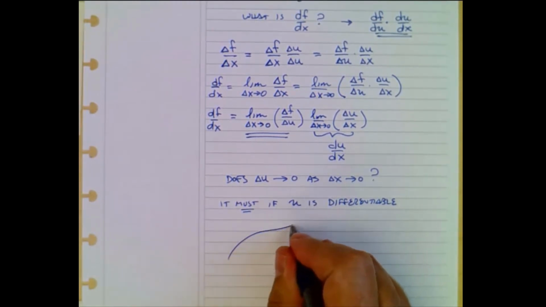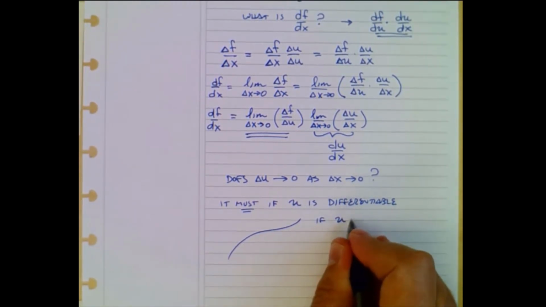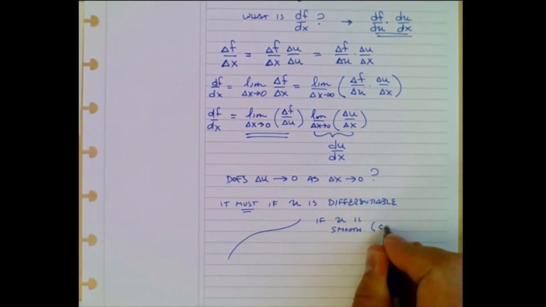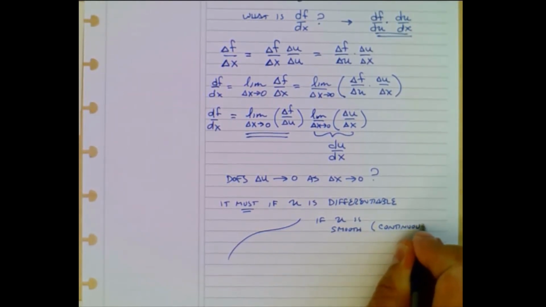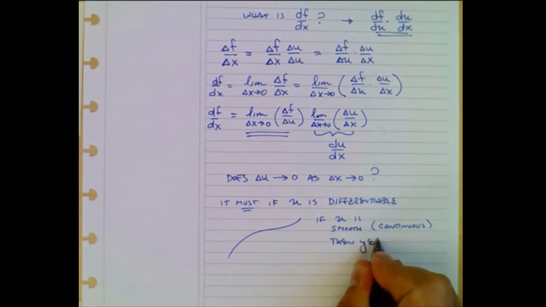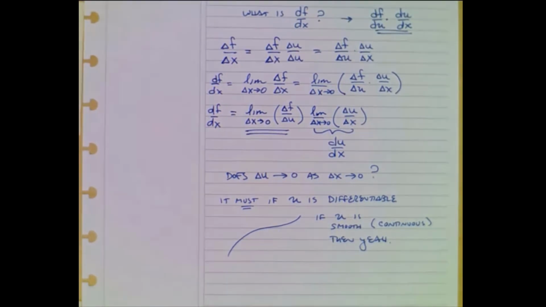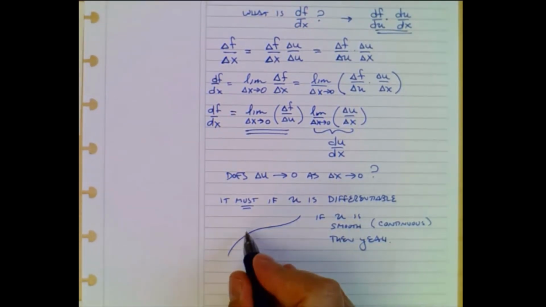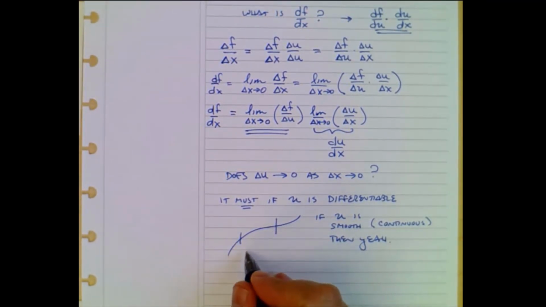That is, if u is smooth, the mathematical term for that is continuous, then yeah. Delta u will go to 0 as delta x goes to 0.